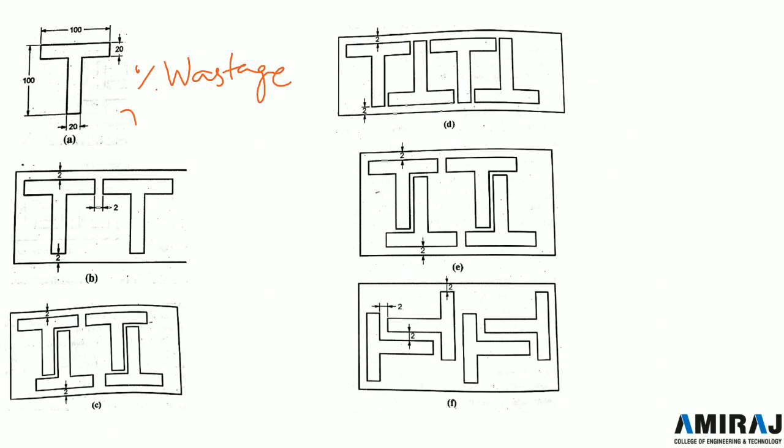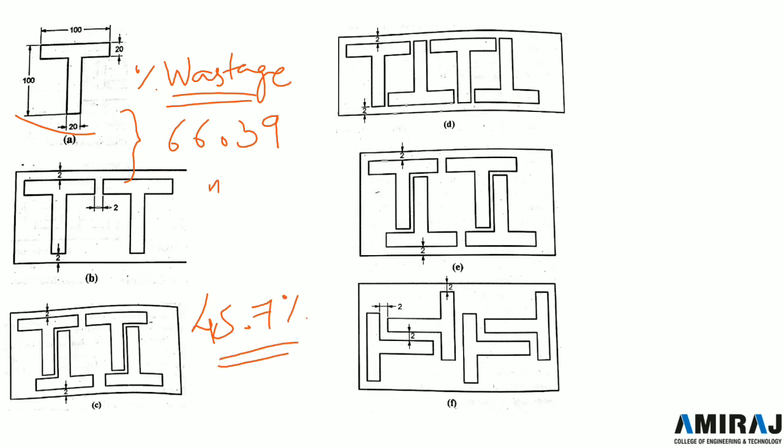The percentage wastage for the D arrangement, so here let me write down the percentage wastage for the first two arrangements. The percentage wastage for the first arrangement is 66.39%. For C arrangement, this is the same for this and this arrangement, and here it is 45.7%.